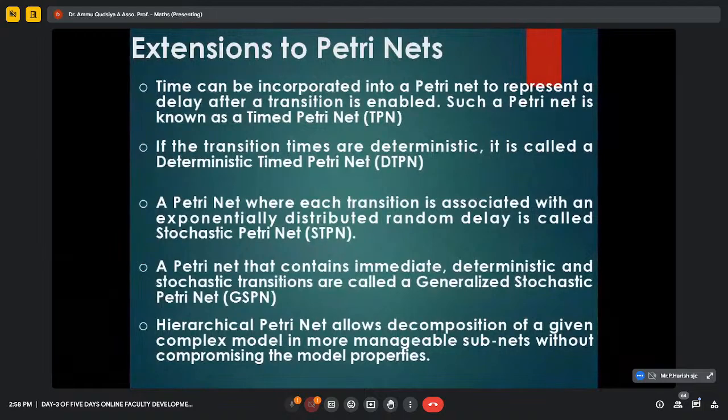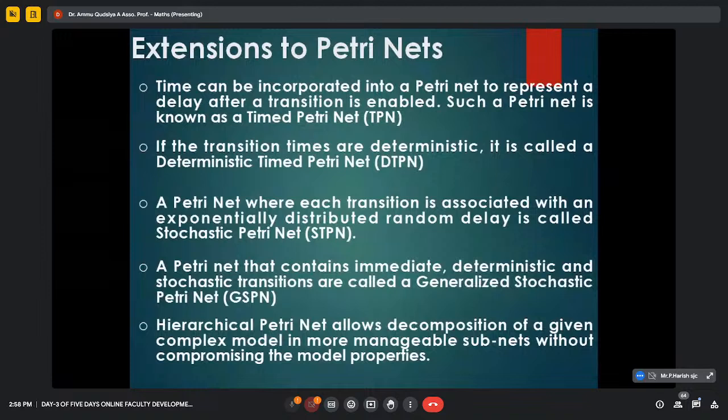A Petri net which has all these three things, that is immediate firing, deterministic firing, and stochastic transitions, we call generalized stochastic Petri nets. And a very important extension of Petri nets is hierarchical Petri nets. This hierarchical Petri net allows decomposition of a given complex model into more manageable subnets without affecting the model property.